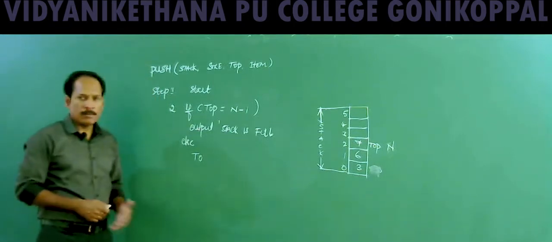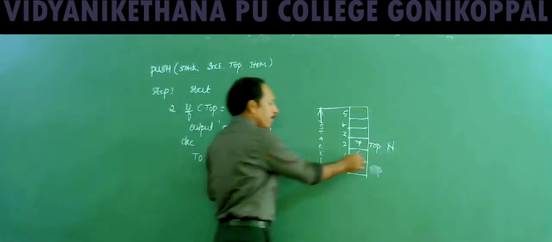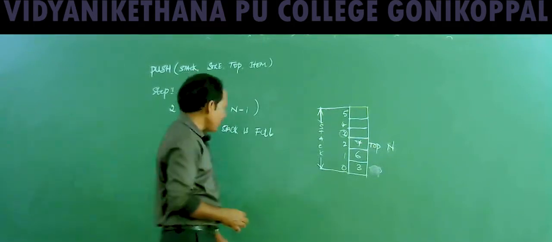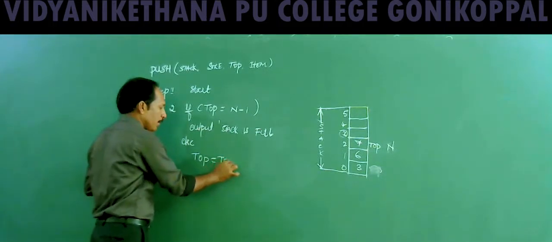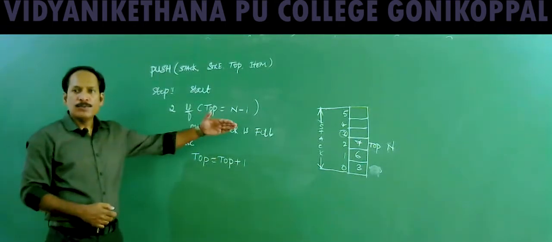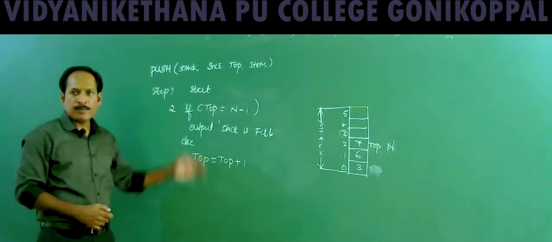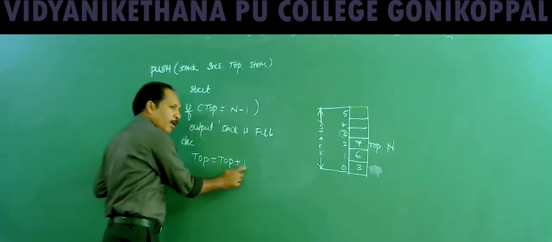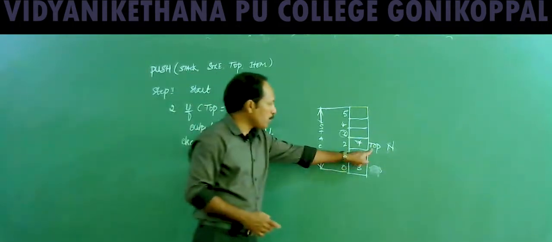So what can I do now? To perform the insertion operation, first the top has to be moved, because I want that subscript, that position. Therefore, if it is not full, increase top equals top plus 1. Wherever the top pointer was, it is moved to the next adjacent position, where there is free space because it is not full. This is the most important step: first we have to increase the pointer, that is, move this pointer here.